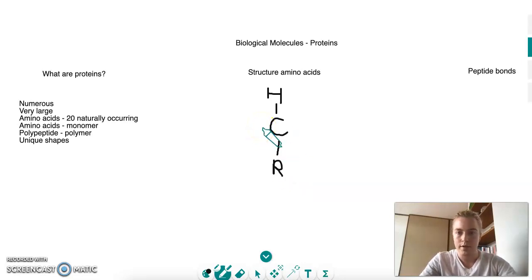And then really important for the structuring of polypeptide chains is the carboxyl side group, which looks like this.